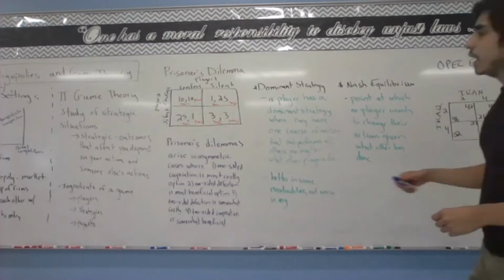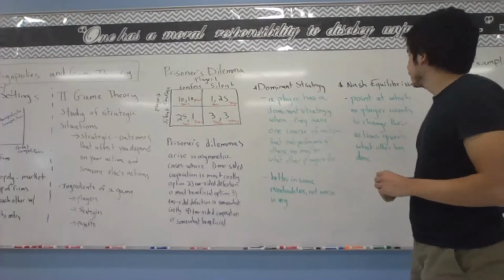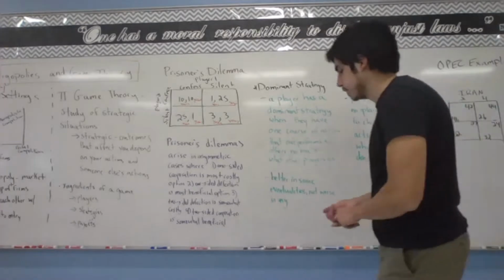It's going to lead to outcomes that are better in some eventualities, but not worse in any. And a Nash equilibrium is a point at which no player wants to change their actions given what others have done.